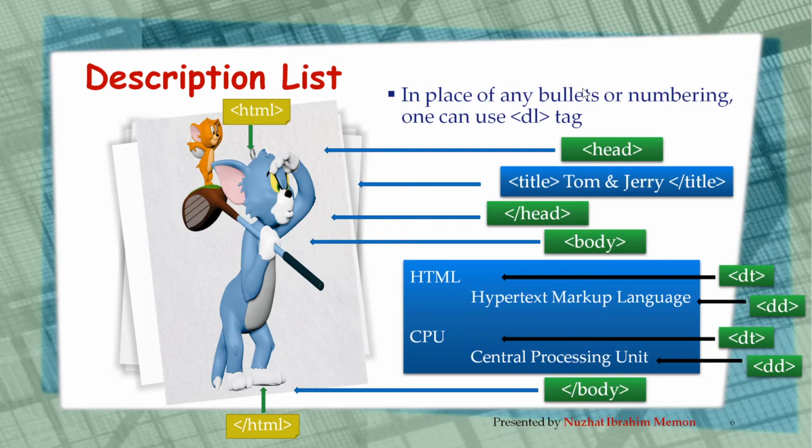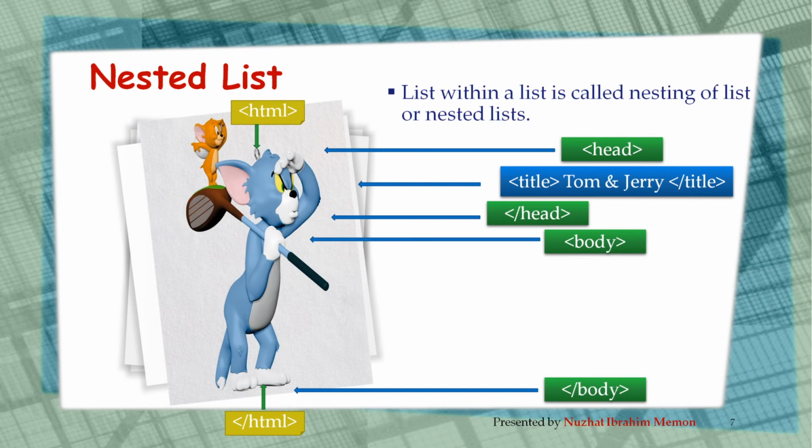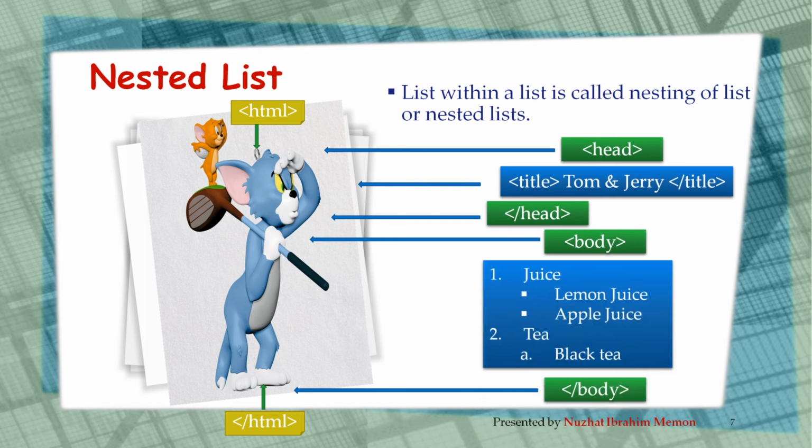Now we will see our last topic, that is nested list. List can be nested. That means list within a list. It is called nesting list, or sometimes we call it a nested list. Here li tag, that is list item, can contain some other list. In this example you can see total 3 lists.